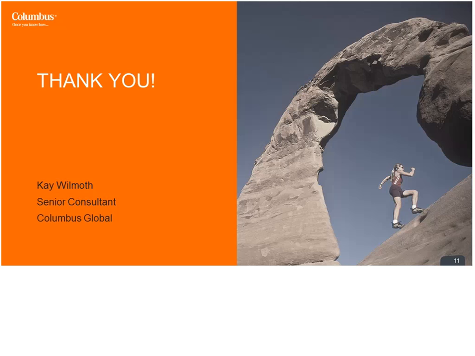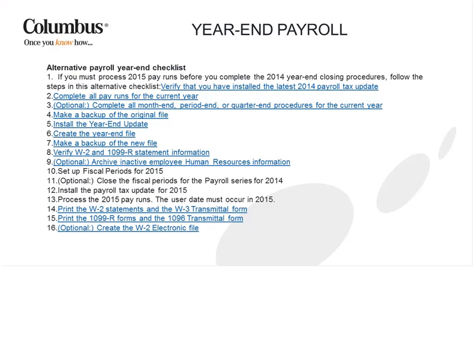Well, I just want to go back, because this is in the KB article under the year-end payroll. This is that alternative that I was talking about. It tells you in here, if you want to process 2015 but you're not done, these are the instructions you have to follow. And if you see that you've got to have your process payroll pay runs, the user date must occur in 2015.